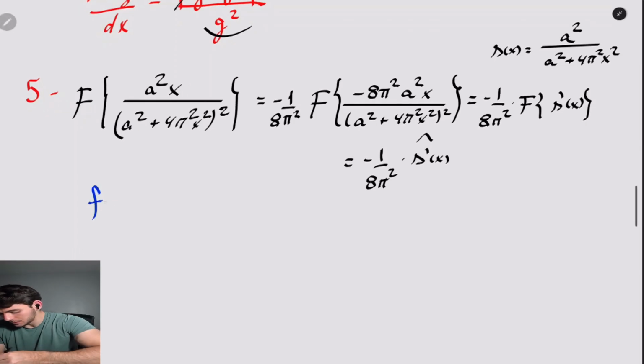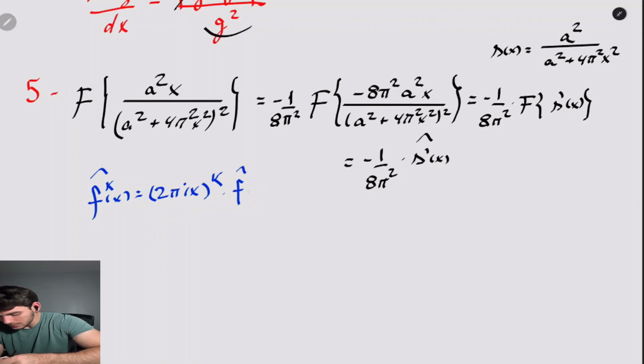If you have a function f derivative k times, the Fourier transform of it will be (2 pi i x) to the power of k times the Fourier transform of the function not derivated. That's the formula. We can substitute f by x. Now it's literally what we have here, and the derivation is 1, so k equals 1.